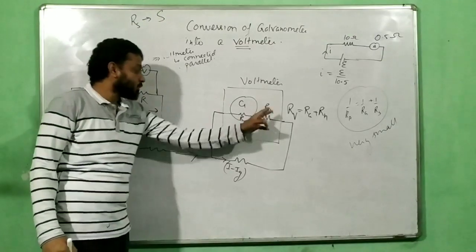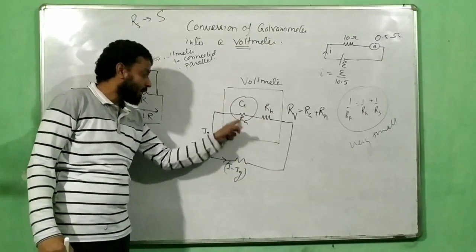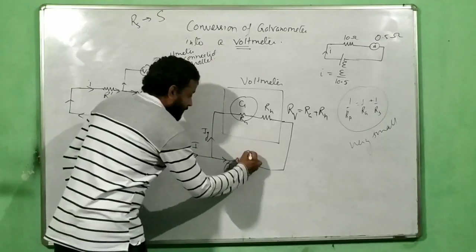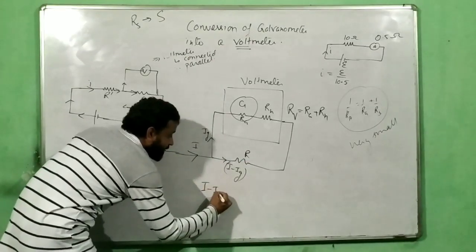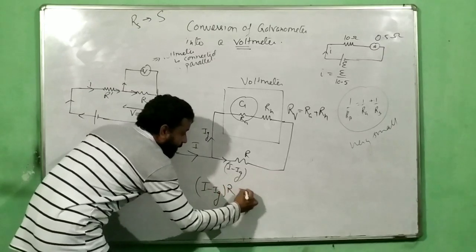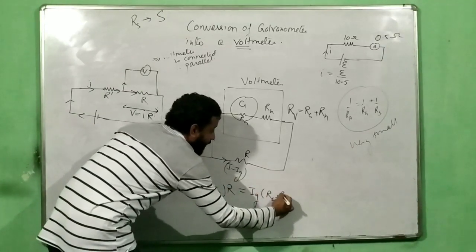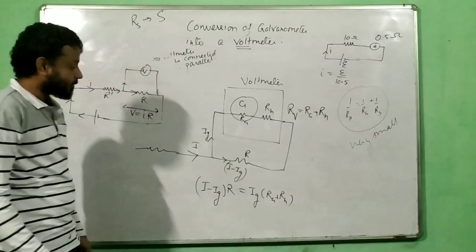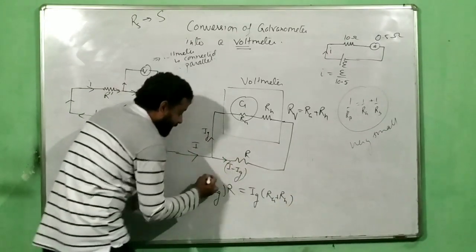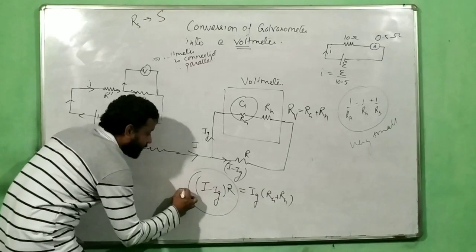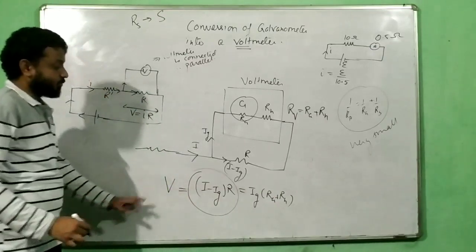Now this Ig goes here. Now again these two are in parallel. Parallel means this is my R. So I minus Ig into R must be equal to Ig into Rg plus Rh. And this one is nothing but my expected potential which I want to measure, V.